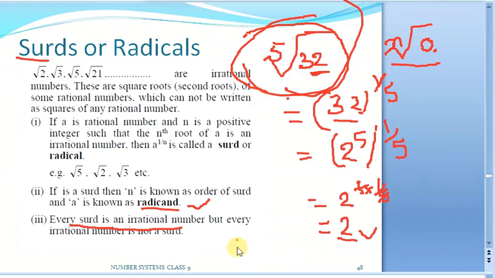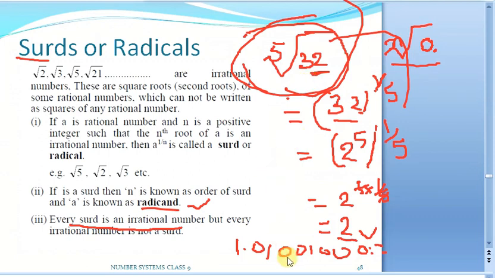Suppose, let me take one example. Suppose 0.1001000 and so on. It is an irrational number, but there is no guarantee that I can bring it to this form. If I look at the decimal expansion, it will be non-terminating, non-repeating, which satisfies the definition of an irrational number.